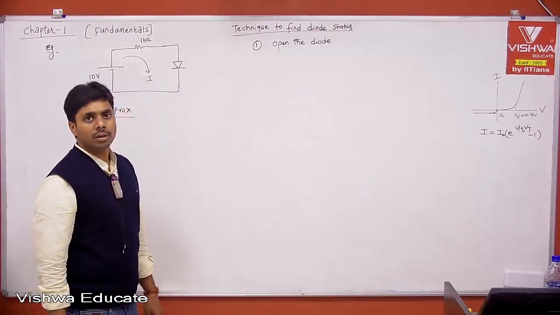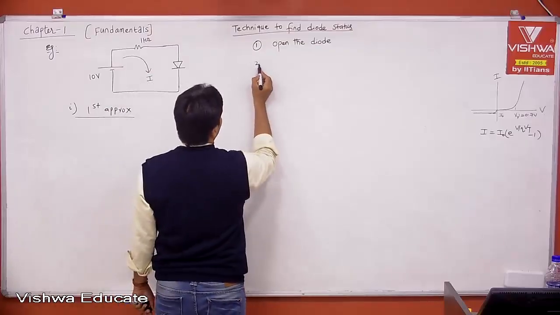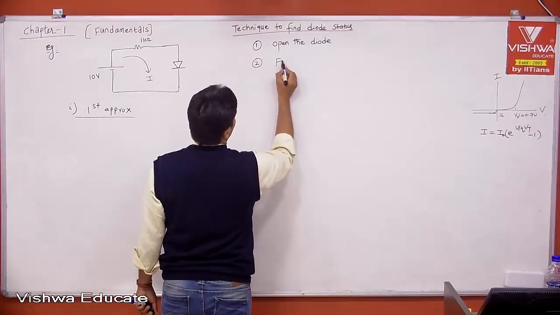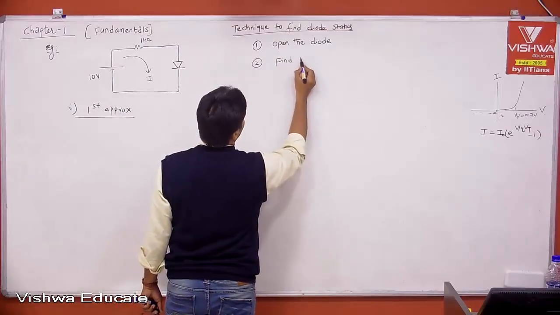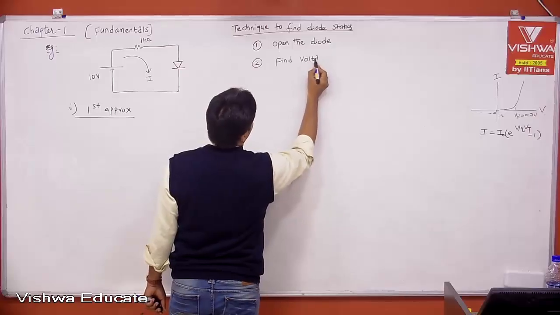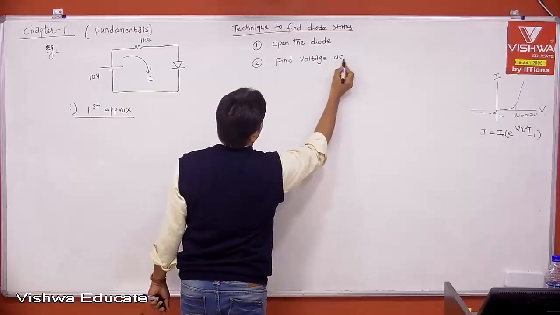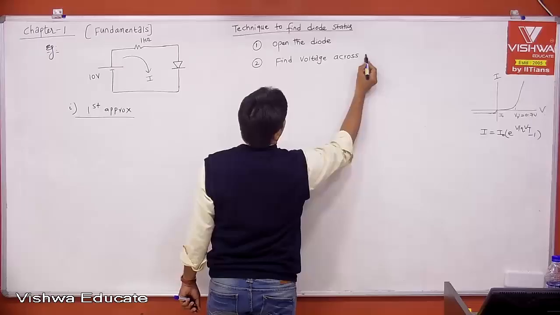After opening the diode, the second point is to find the voltage across the open terminals.